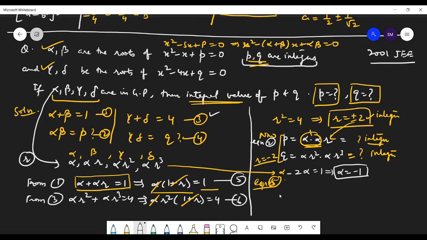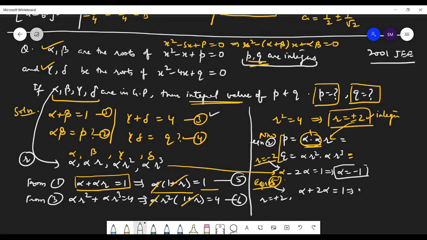And if you put another value from equation 5, if you put R is equals to +2, so here you put R is equals to -2. If you put R is equals to +2, then what do you get? Alpha plus 2 alpha is equals to 1.